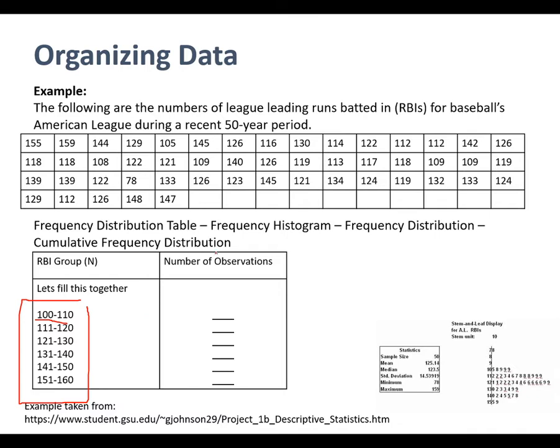You go and count how many values are between 100 and 110. I have 1, 2, 3, 4, 5, and I mark them so I do not count them again. So we have here probably 5 repetitions, and I keep doing this.